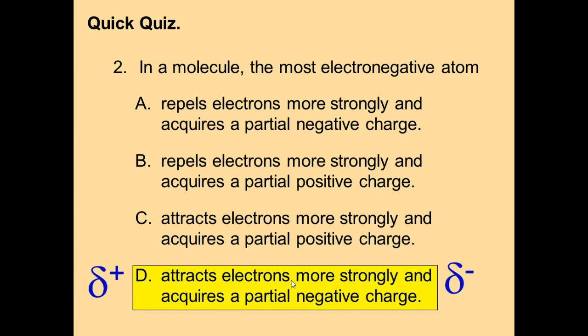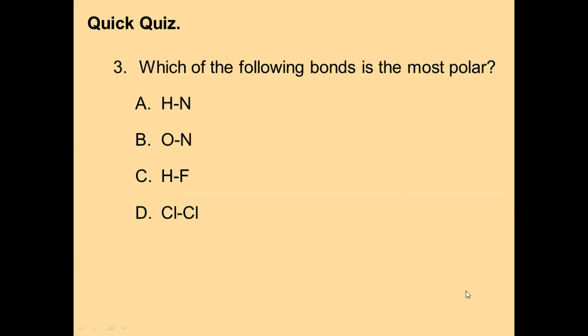So pretty much think of how polar molecules have a slightly positive and negative charge because of the electronegative atom that pulls on the electrons. And so, which of the following bonds is the most polar? Well, if you're doing this question, you can't really tell which one's the most polar unless you have a periodic table that tells you the electronegativity of each individual element.